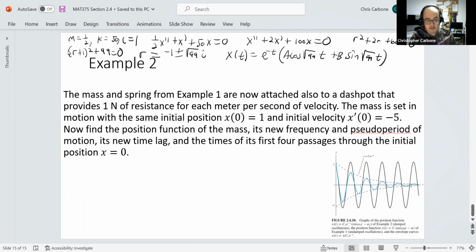So the circular pseudo frequency for this would be omega sub 1, that being the square root of 99. And as a decimal, that is about 9.9499.